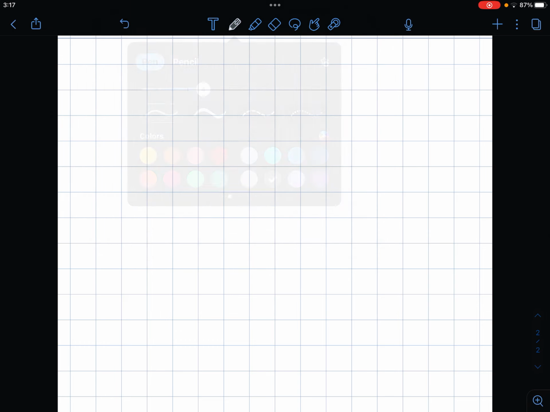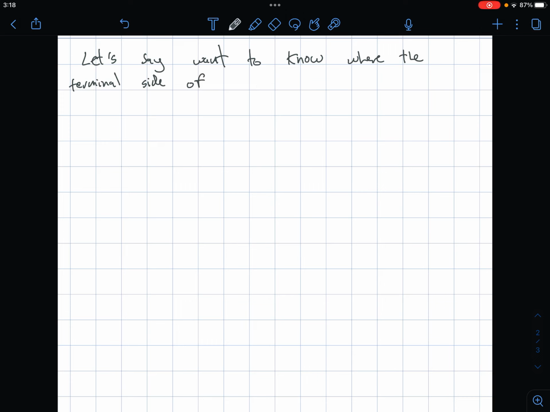So let's say we want to know where the terminal side of some angle on the coordinate plane intersects some circle centered at the origin.